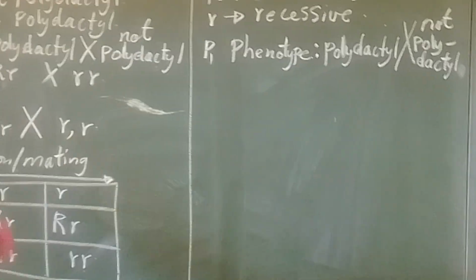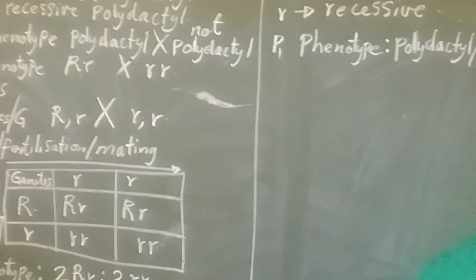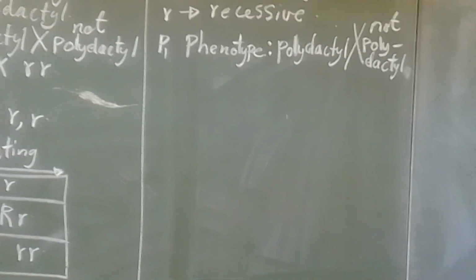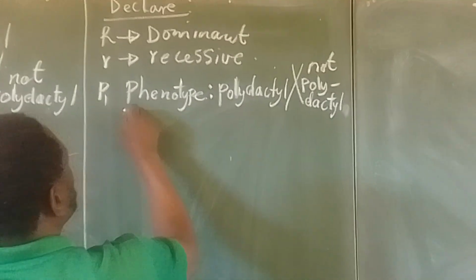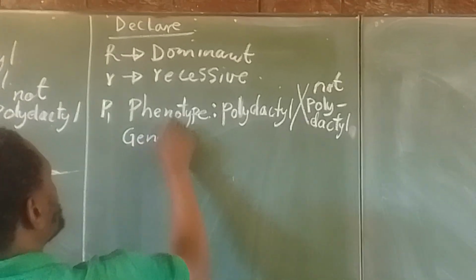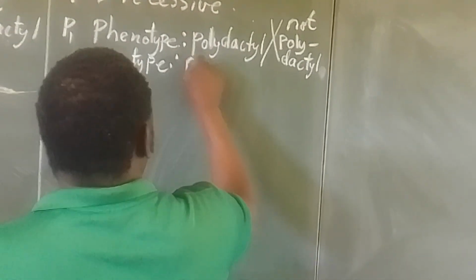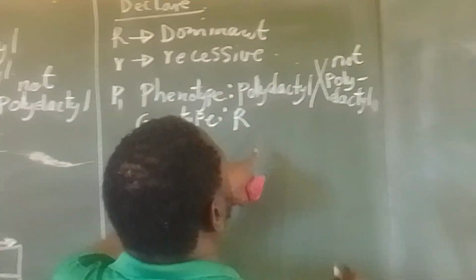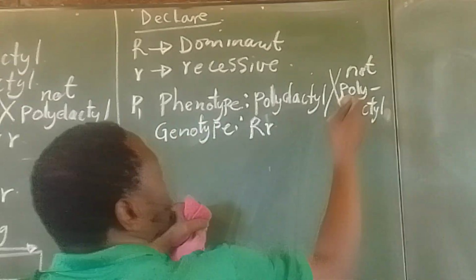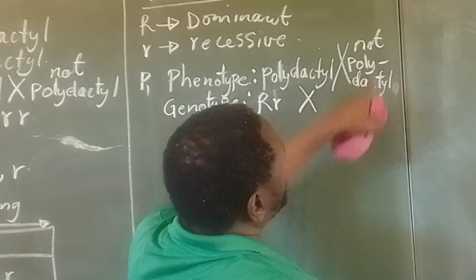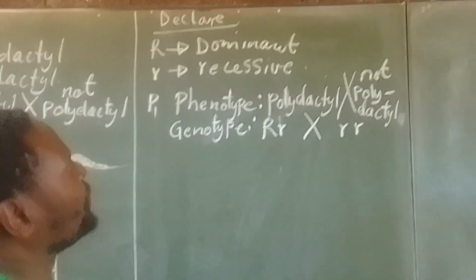After that, you go for genotype. Genotype tells you about the gene combination. The gene combination of this polydactyl is genotype. We are talking about the genes. You have Rr because they say a man is heterozygous for polydactyl, and the wife is not polydactyl.